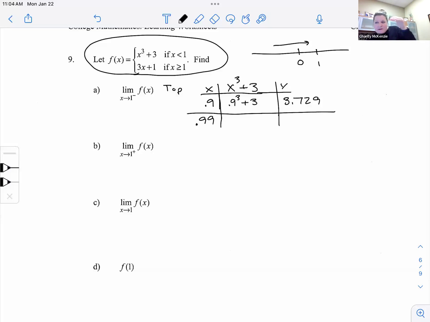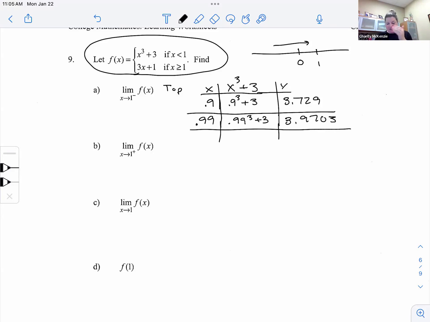So I'm getting really close from the left side. 0.99 to the third, and then plus 3. I get 3.9703, around there. Okay, if we want to get even closer, can you see that it's headed to 4?